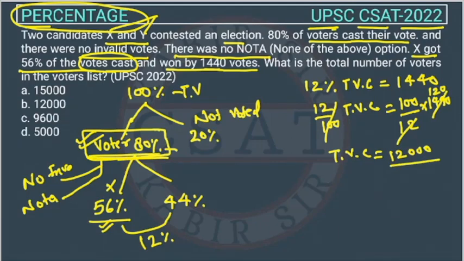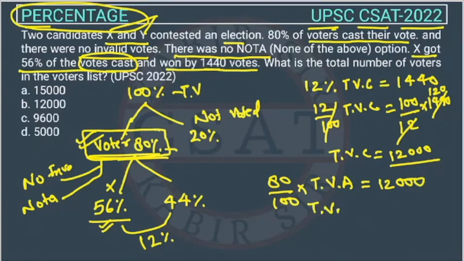So total vote casted are how many? 80%. So this is 80% of total votes available. टोटल वोट्स अवेलेबल की 80% लोगों ने ही क्योंकि वोट किया था, राइट? सो दिस 12,000 इज इक्वल टू 80% of total vote available, right? So total vote available will be how much?